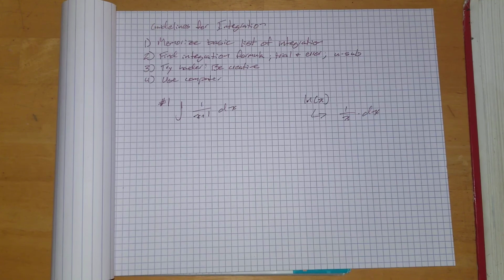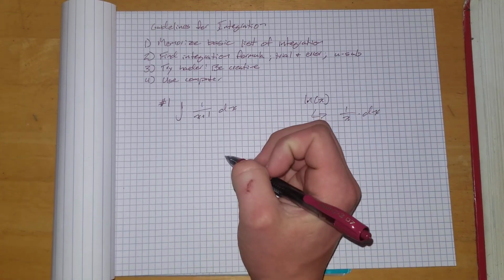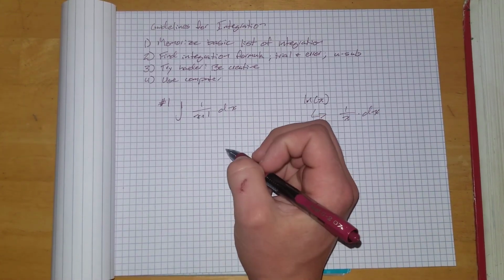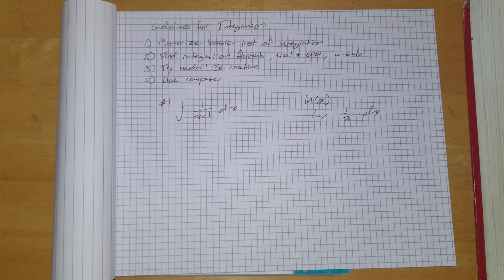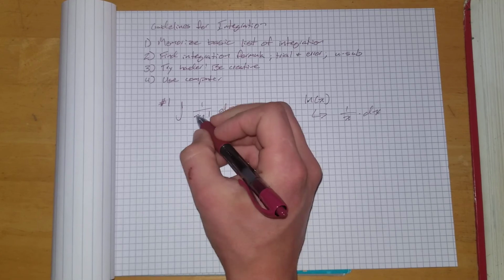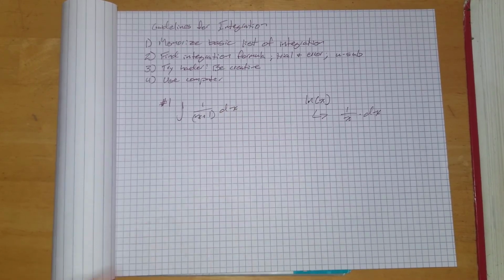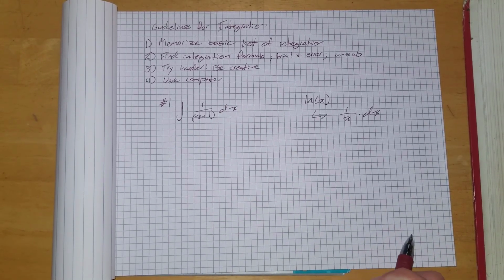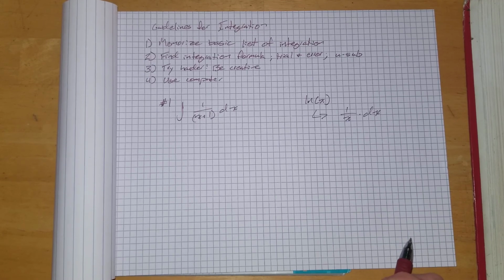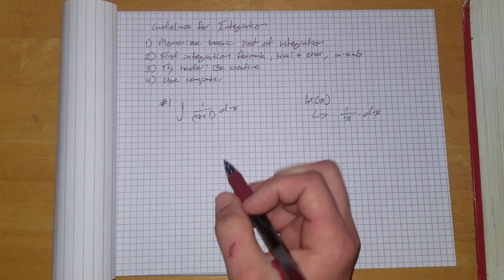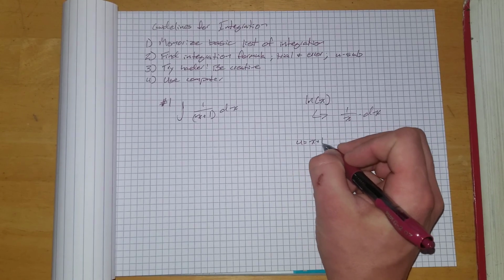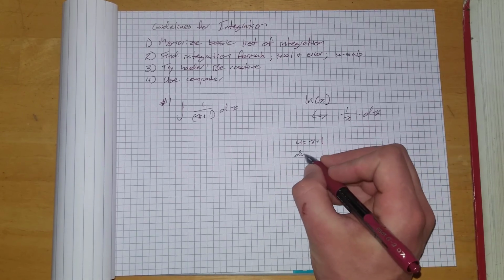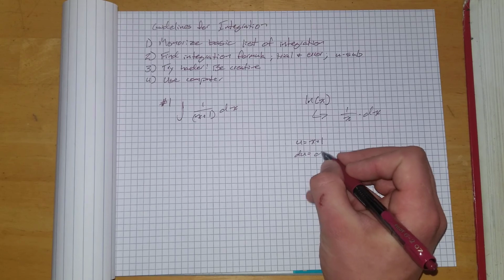So what we want to do here is choose a u and then find the du and substitute the u in for a function. If you look here, we probably want to sub x plus 1 in for u. So we're going to do u equals x plus 1, which means du will just equal dx.